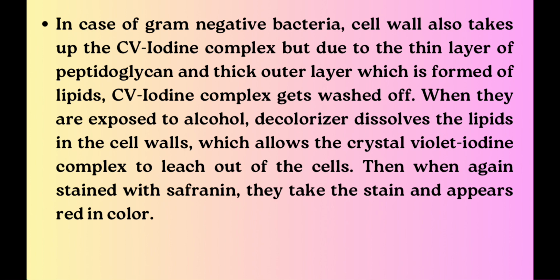When they are exposed to alcohol, the decolorizer dissolves the lipids in the cell wall. This increases the permeability of the cell wall, which allows the crystal violet iodine complex to leach out of the cell. Then when again stained with the counterstain safranin, they take the color of the stain and appear red in color.